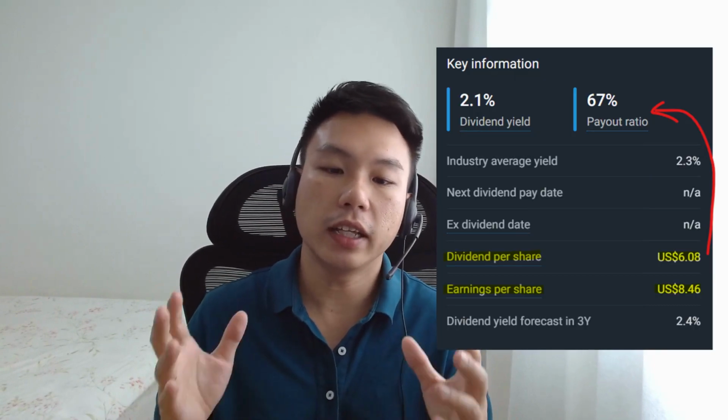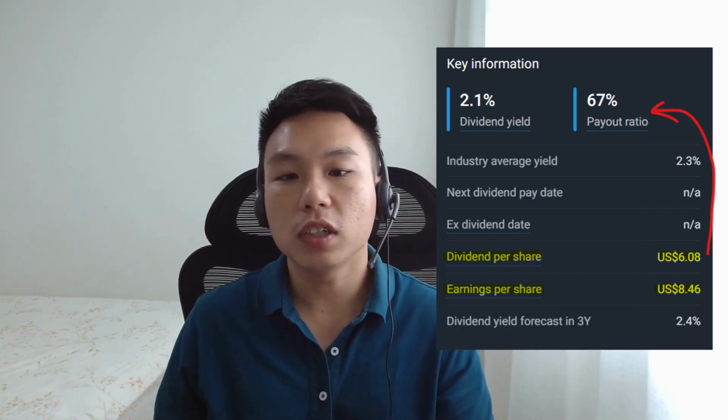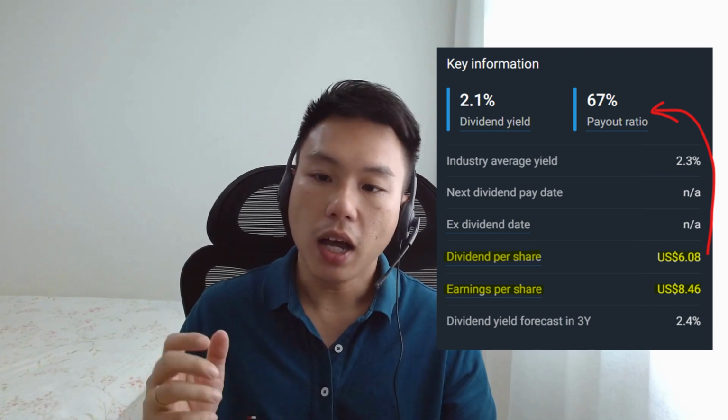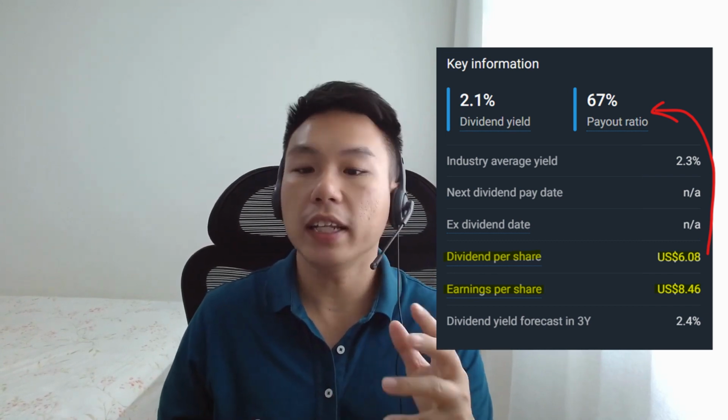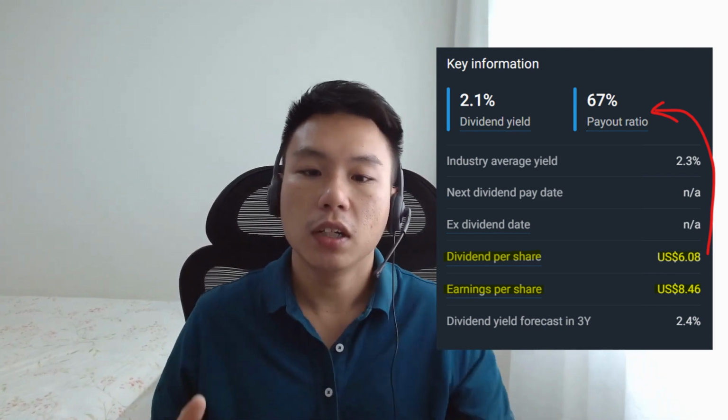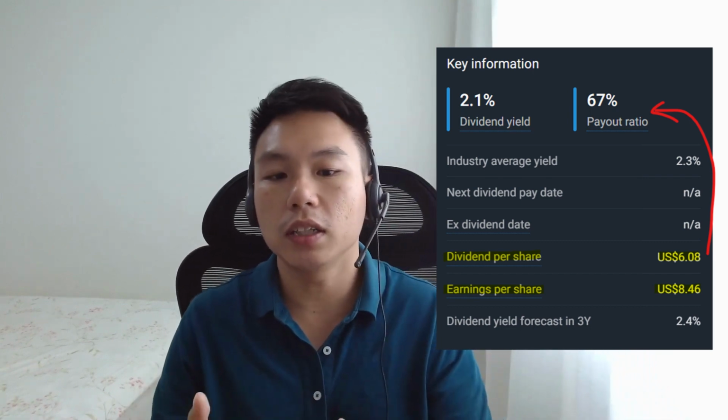The calculation is pretty simple. You take the dividends per share divided by the earnings per share. And going back to our previous example of McDonald's, you can see here that they are earning $8.46 and paying $6.08 as dividends.